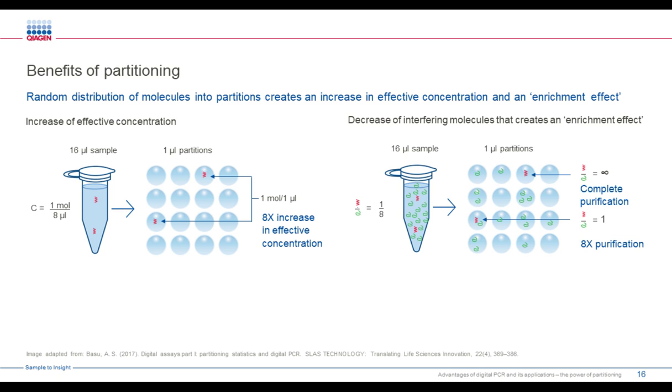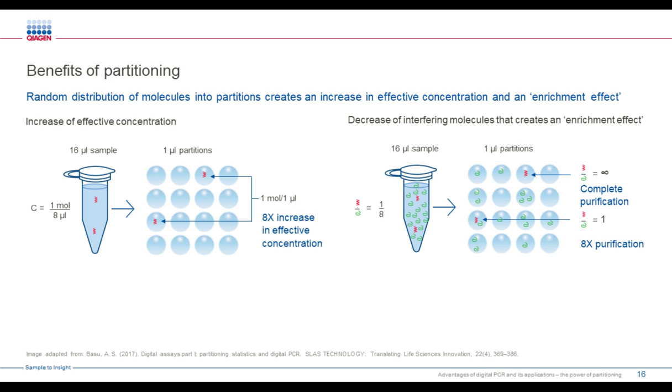If we take this pure sample with only those molecules and partition it into 1 microliter partitions, you will see that these two molecules randomly distribute out to these partitions.